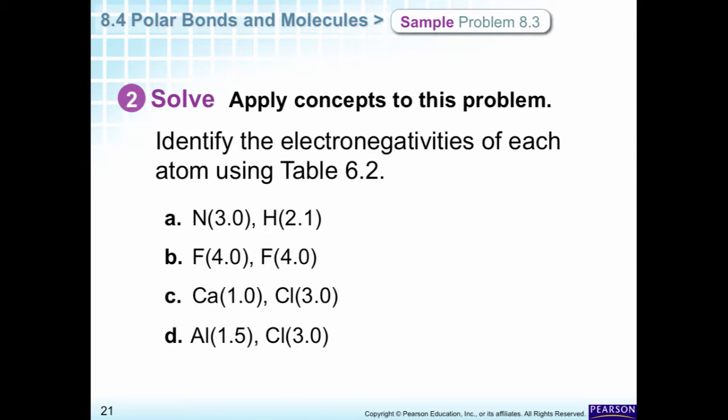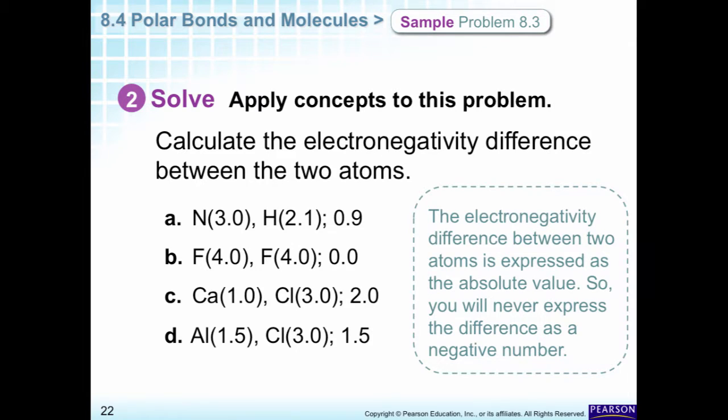All right, so there's a summary of what we just said. So 0.9, 0, 2, and 1.5 is your difference. So our differences are shown. Also, remember, you're never going to have a negative value. It's always going to be positive.